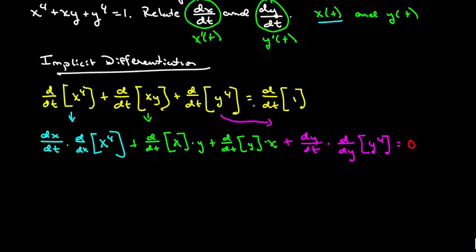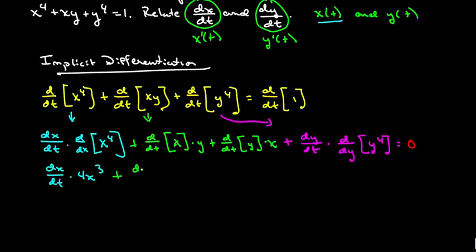Because the derivative of 1 with respect to t is just 0, because this is a constant. So this right here is going to give me dx/dt times 4x to the third. I need to make a variable change here using the chain rule.